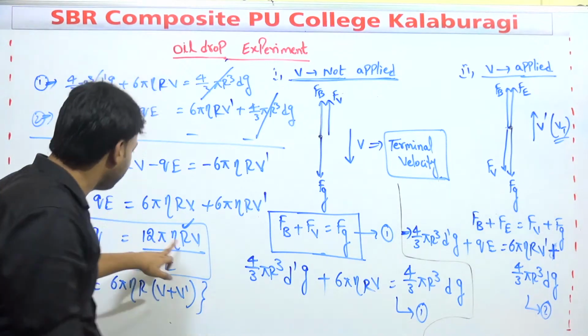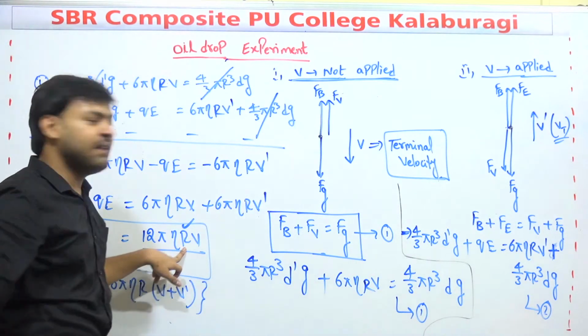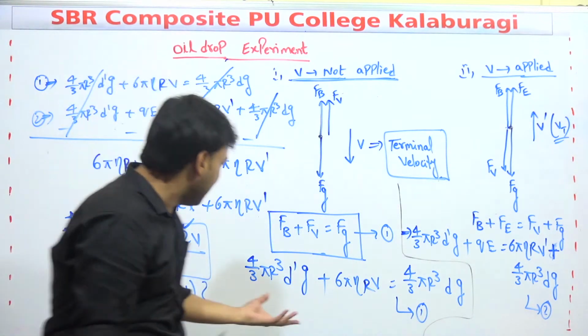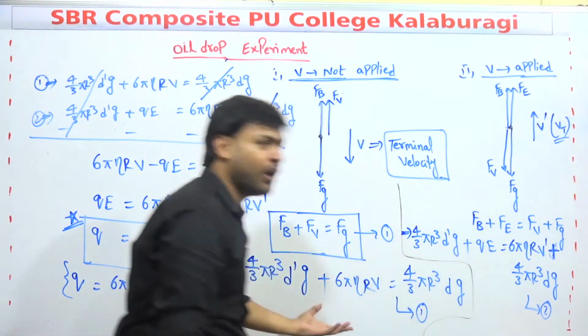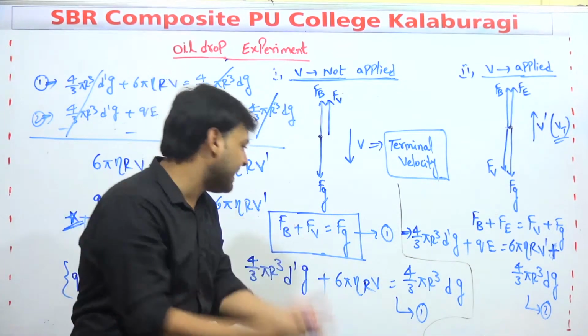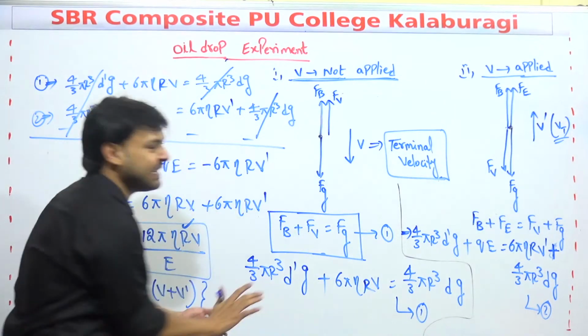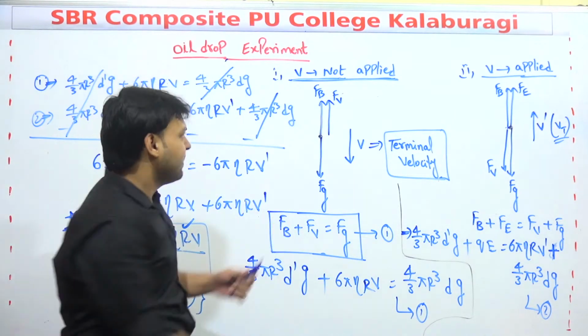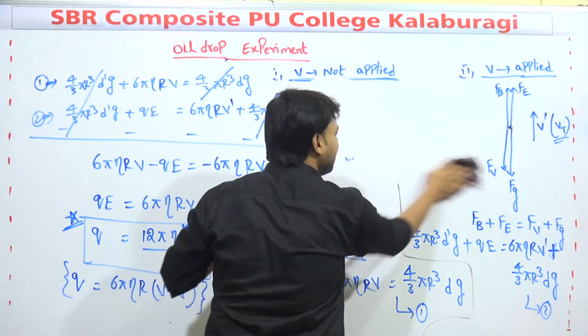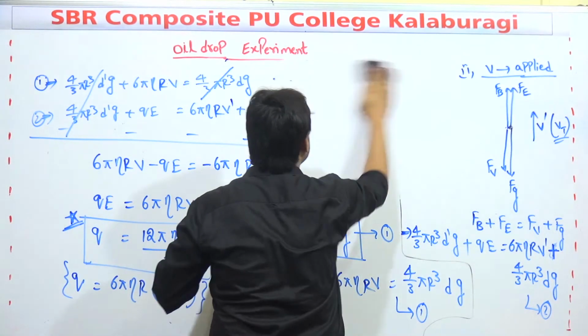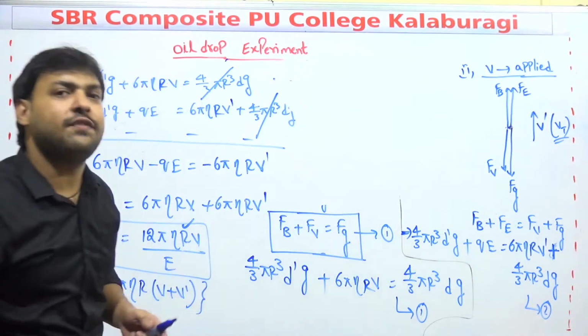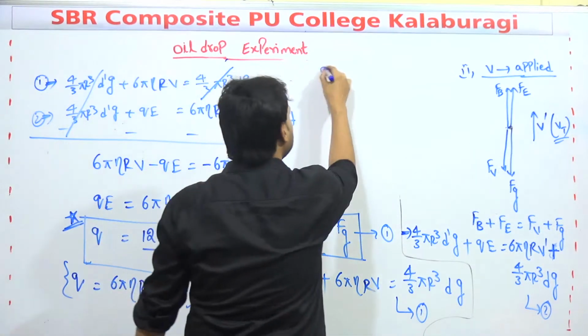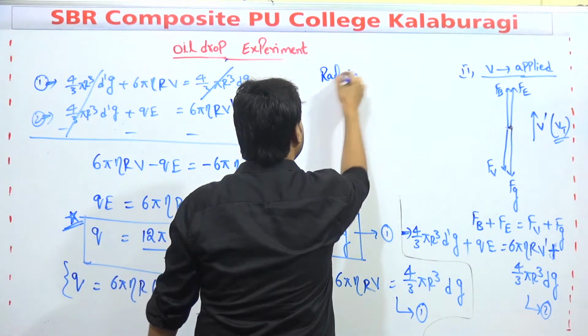If the radius is given directly, you can substitute. If they didn't give it directly, then see the equations according to the given question, and we can calculate the radius. Next point, calculating the radius of the drop. How to calculate the radius of the drop?